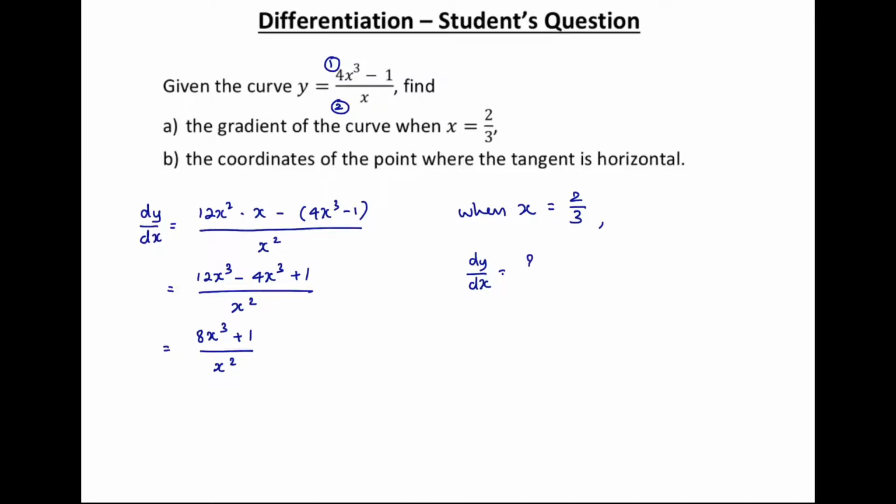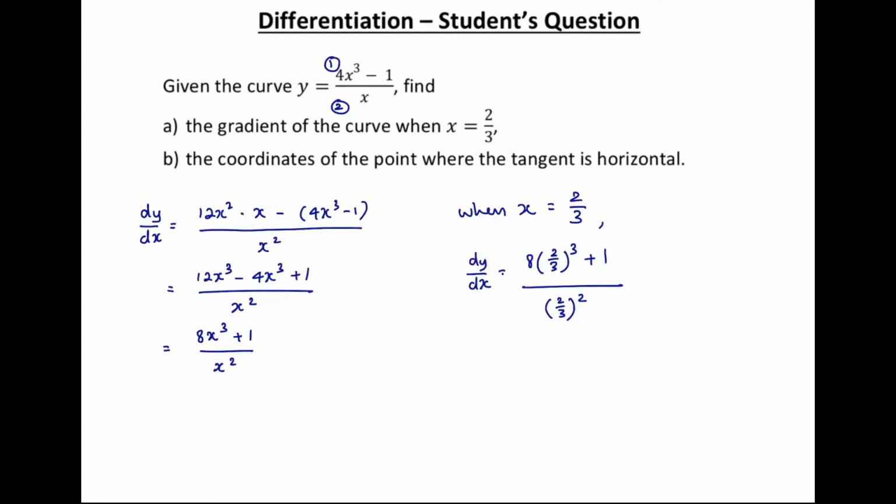So we have 8 times 2/3 cubed plus 1 over 2 over 3 squared. In the case when you are not using the calculator, your fractions you will need to be very clear at multiplying it. Okay, so in this case I will be using a calculator.